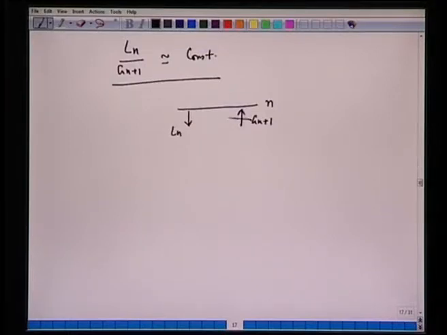The ratio of these two is constant. This comes out from the energy balance, where we said that the difference between Hgn plus 1 and HLn, the specific enthalpy, is a constant. From this, we come to the conclusion that the ratio is a constant.